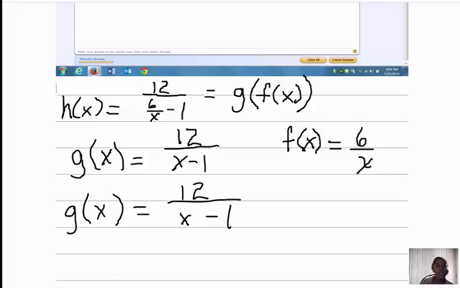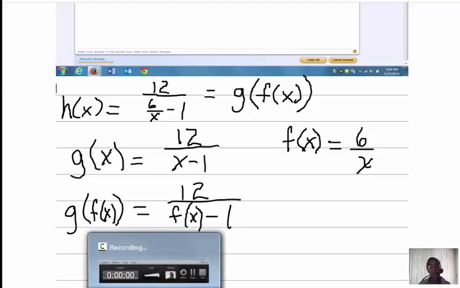But instead of putting x into g, so I'm going to erase x, and instead of putting x into g, I'm going to put f of x into g. So notice all x's have been replaced with f of x.